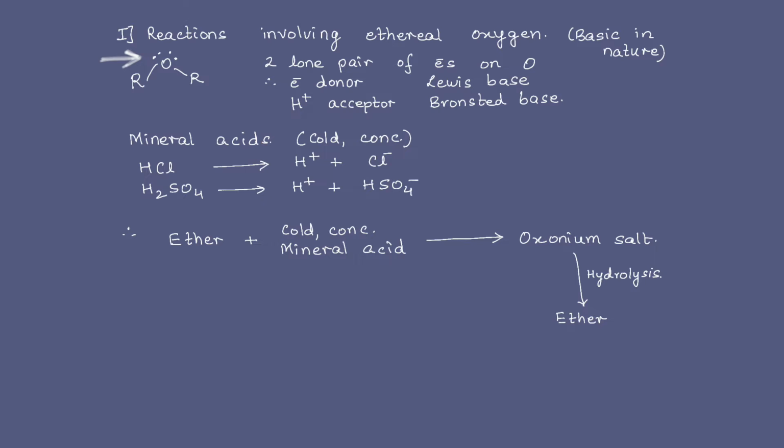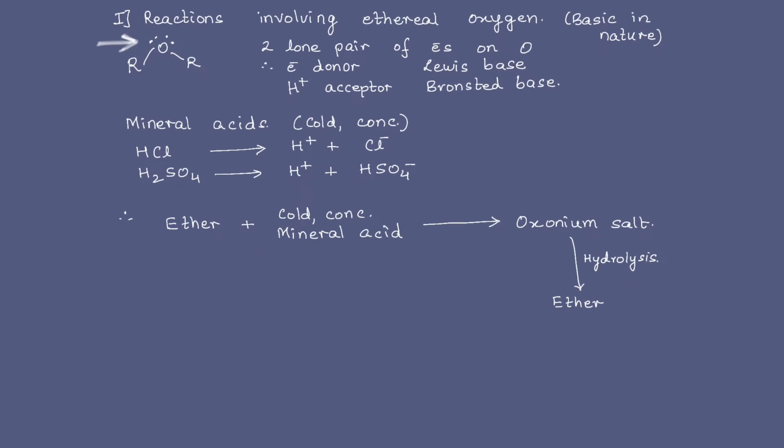Now we know that bases react with acids to form salts. So they react with cold concentrated mineral acids to form a product we call oxonium salts. Interestingly, these oxonium salts on hydrolysis treatment with water give us the ether back.